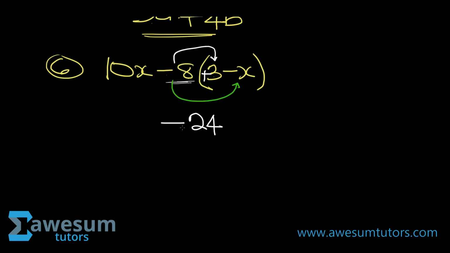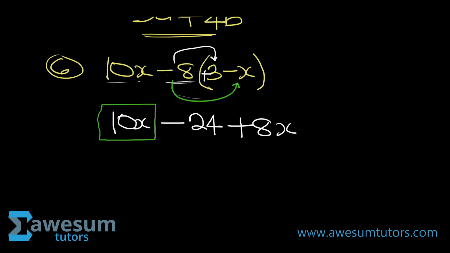Very good. Now let us multiply this part. Negative times negative, those are like signs, is going to give me positive. 8 times x is going to give me 8x. And what do you have here? This is 10x. I can bring down 10x. Now you can simplify this further, because you can have like terms here.